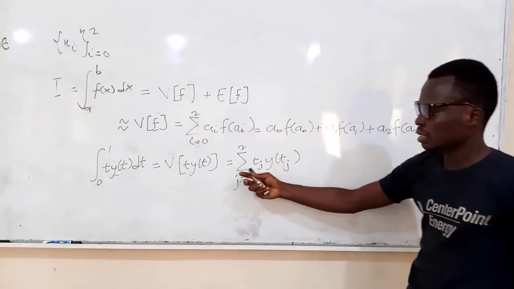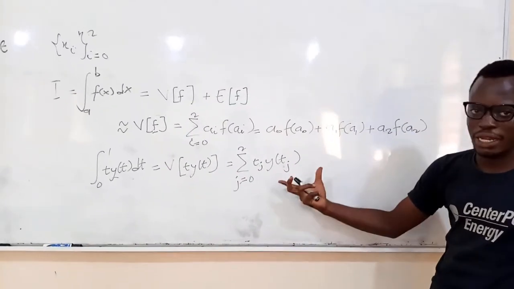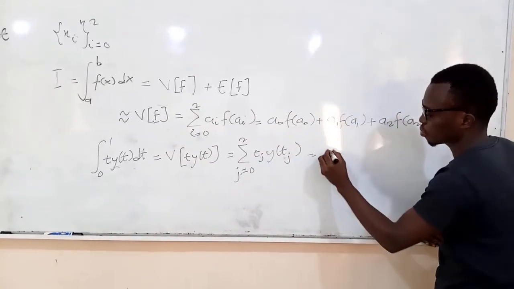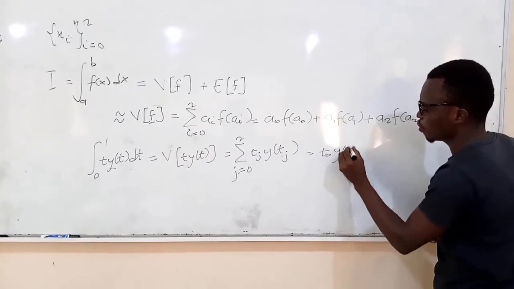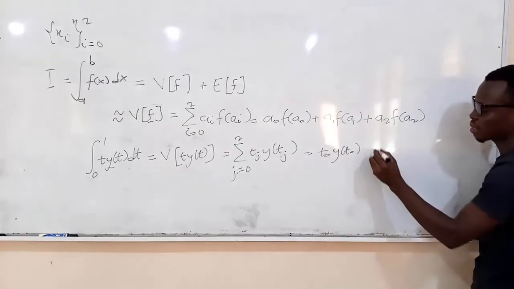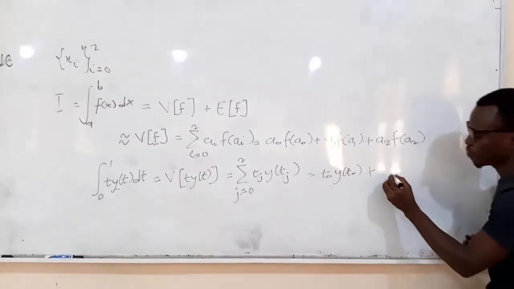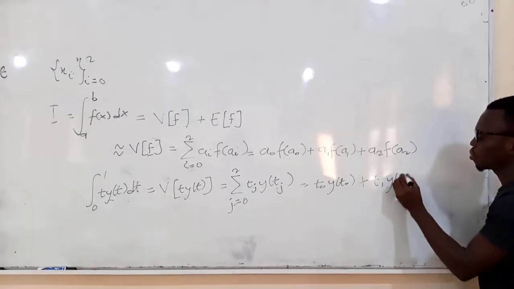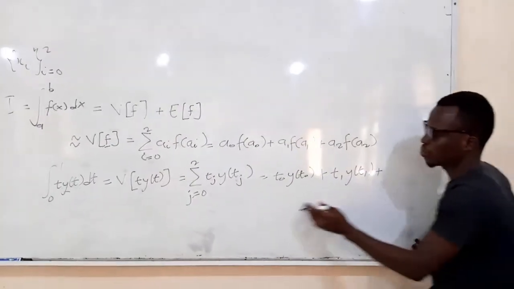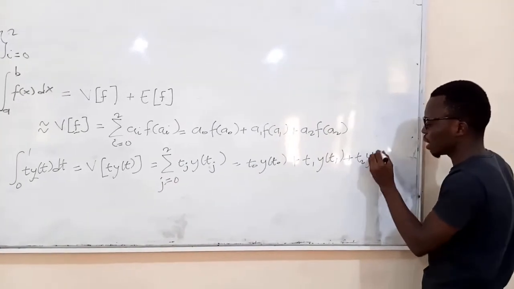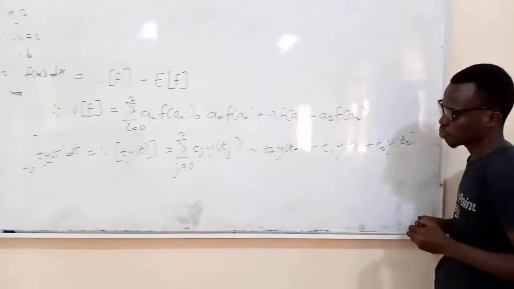If you open this sum, when j is 0, I'm going to get t naught y of t naught, plus when j is equal to 1, I'm going to have t1 y of t1, plus when j gets to 2, I'm going to have t2 y of t2.